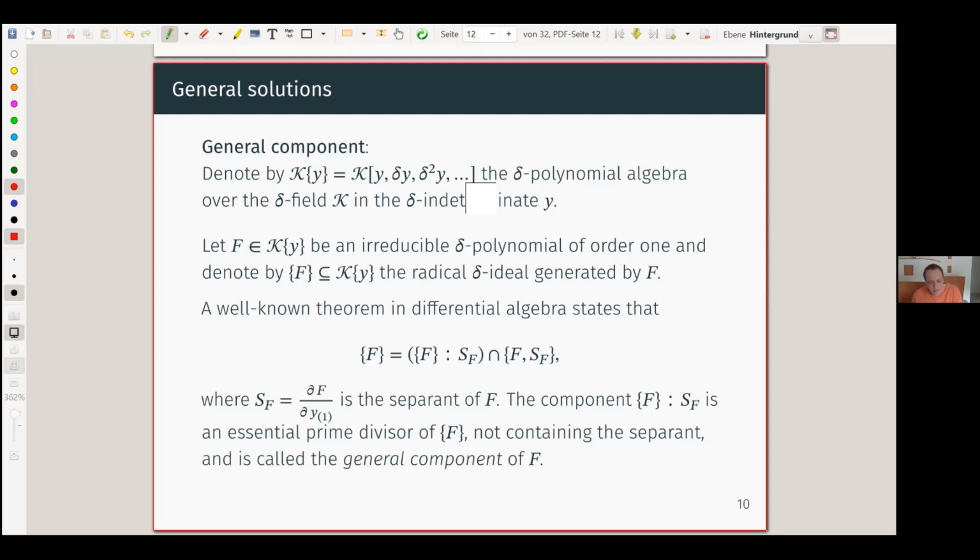Then there is, similar to the case of commutative algebra, where we can decompose a radical ideal into the intersection of a number of prime ideals, the same here in differential algebra, where the radical differential ideal generated by F, which I denote by curly brackets F, can be decomposed into this component.